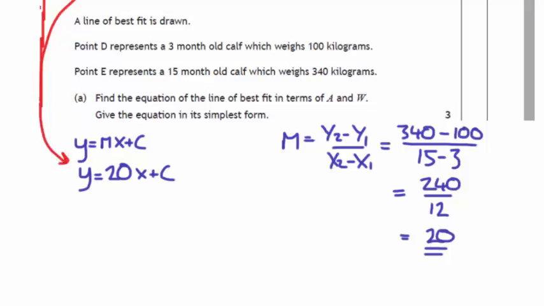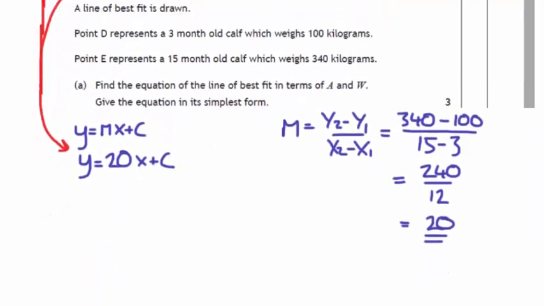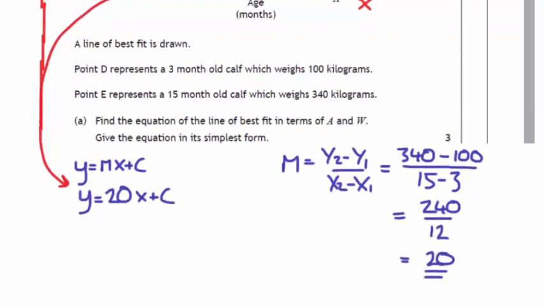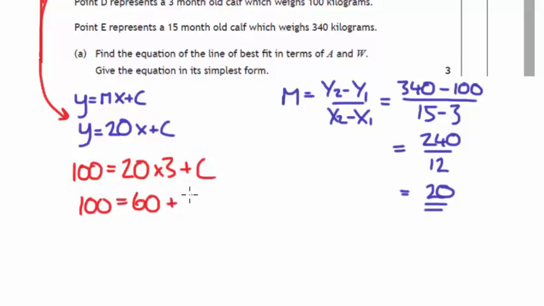I'm just going to take the coordinate for D. The coordinate for D was 3, 100. So we've got y is 100. That equals 20 times x, which was 3, plus c. So we've got 100 equals 60 plus c. What do we add to 60 in order to get 100?